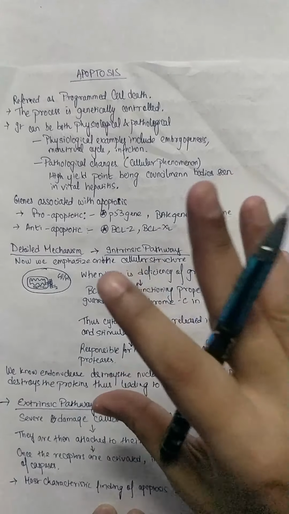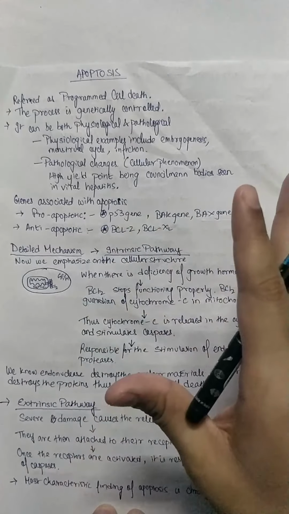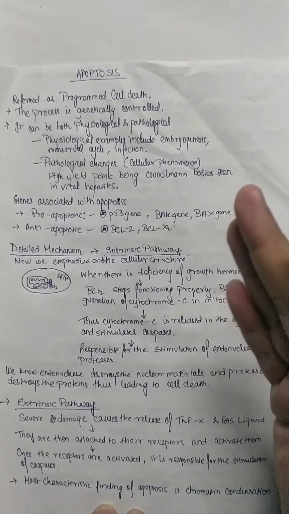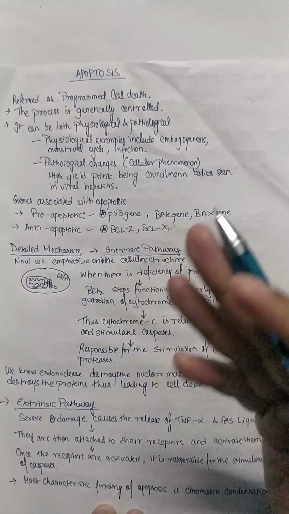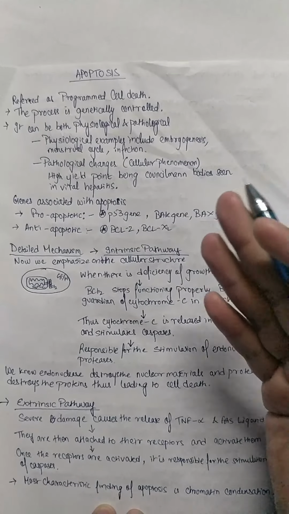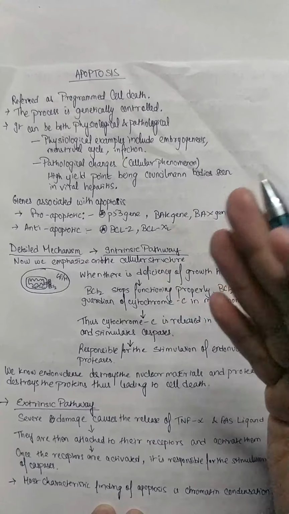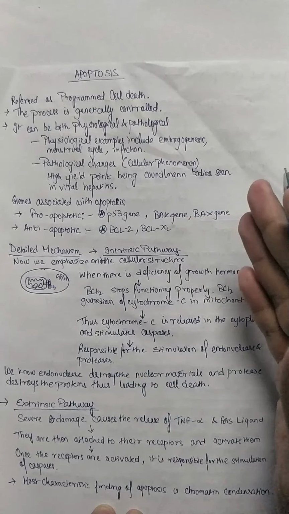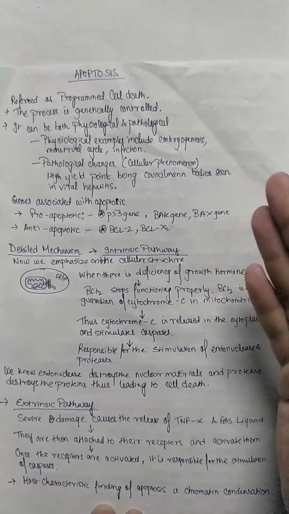So these Councilman bodies are formed due to the process of apoptosis, which is only seen in viral hepatitis. So if someone is having viral hepatitis and you see Councilman bodies, there will be the process of apoptosis going on in that patient.